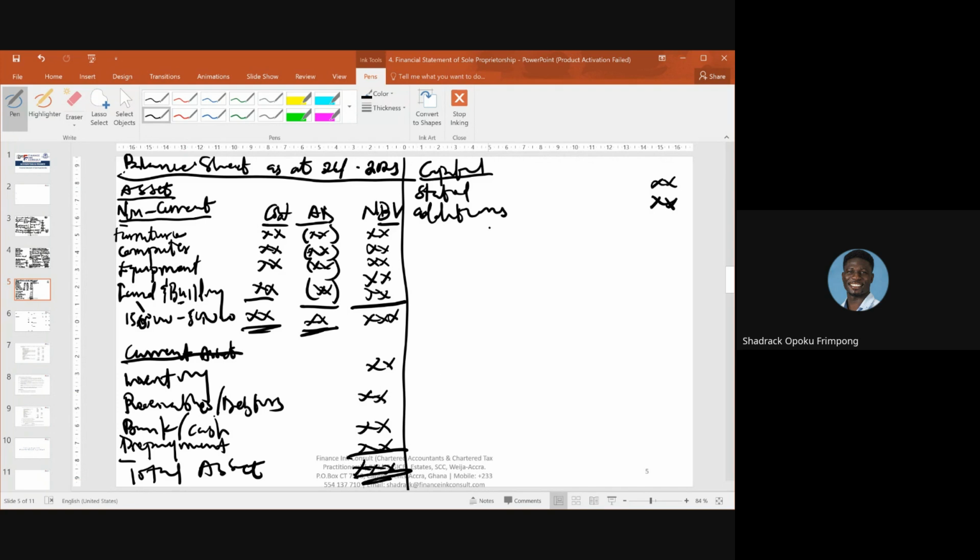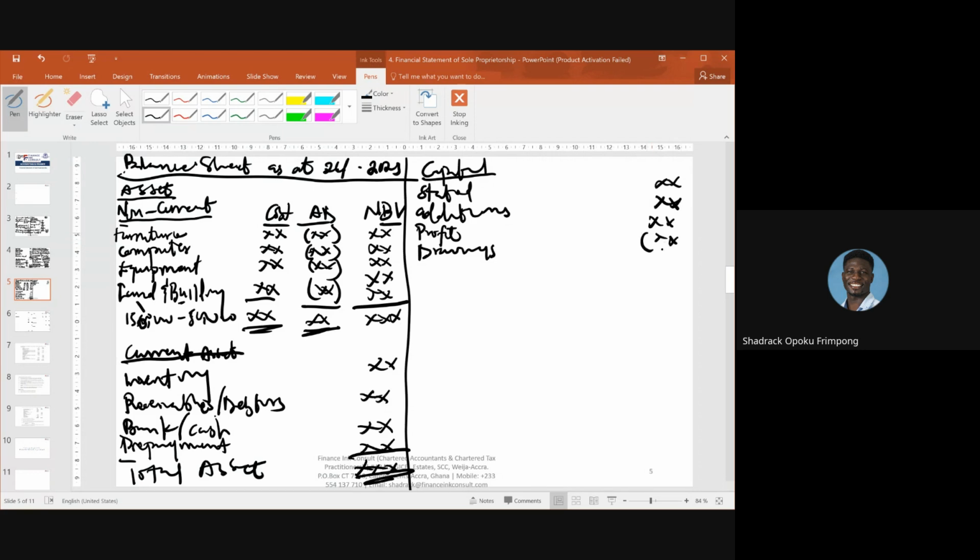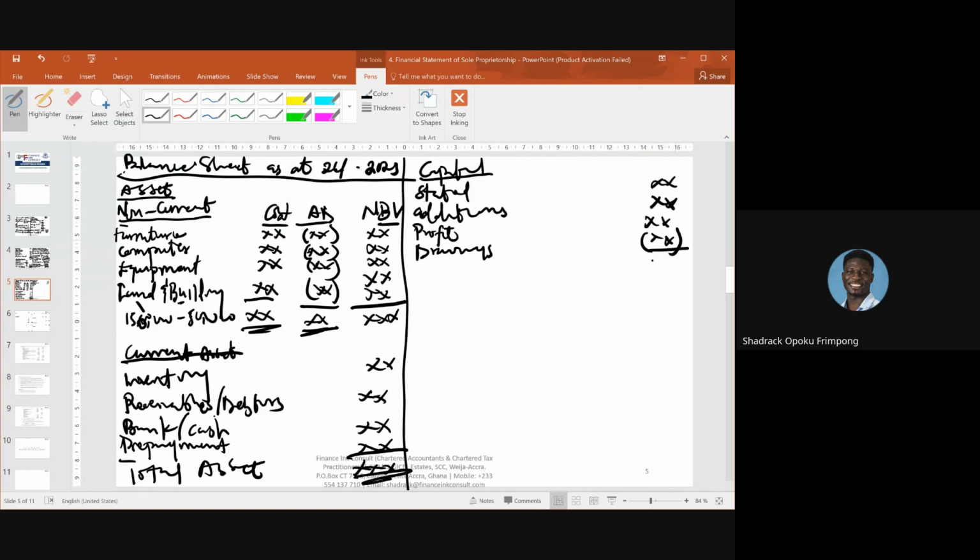Then we look at, let's say, profit. We said that all our profit is going to be plowed back. So profit for the year, we add it. Then we deduct what? Any drawings that has been made. So we are going to deduct the drawings. Then that gives us our total capital.